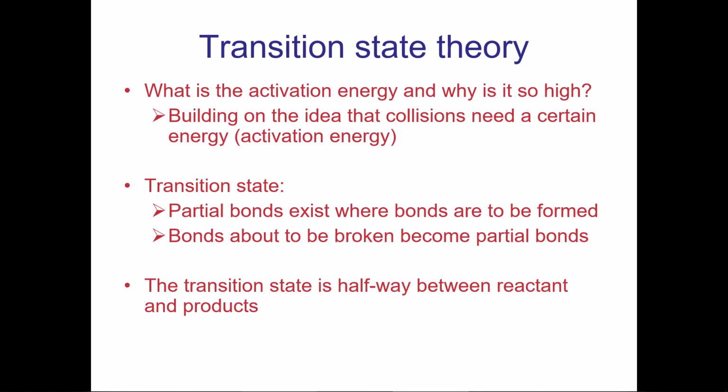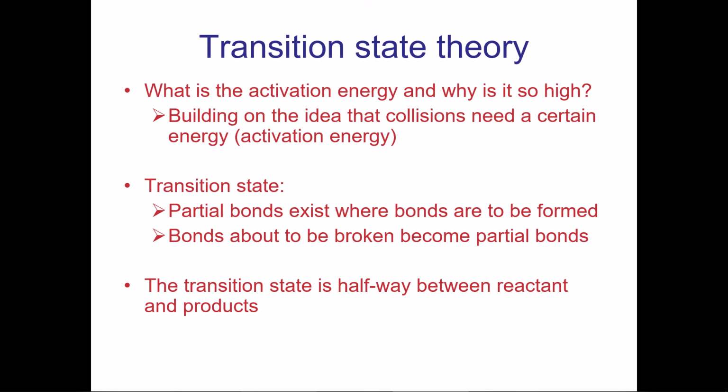So why do we have to have a peak? Why do we have to deform our molecule and get this high energy state? This comes from the idea of the transition state theory. In order to get from reactants to products, there has to be a halfway point. There has to be a point where we are breaking bonds from the reactant and forming the new bonds for the product.